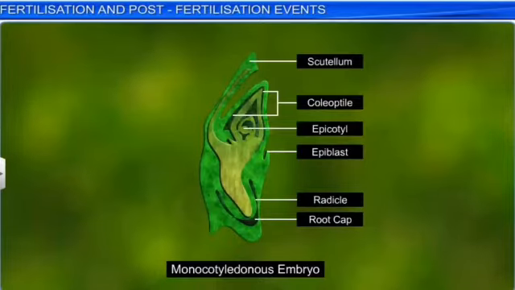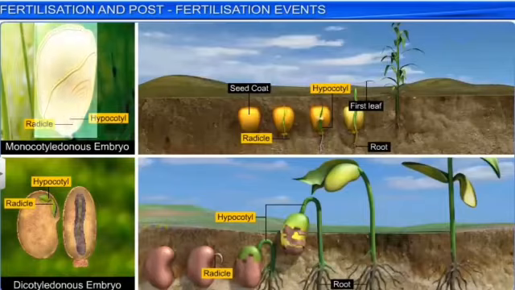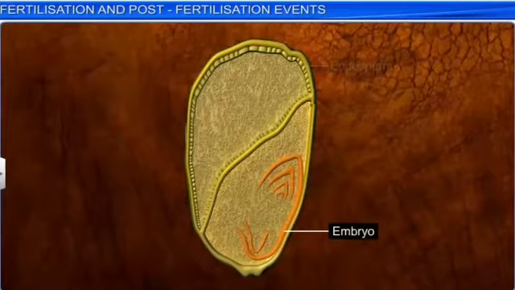So focusing on the seeds. Here we can easily observe how the seed development takes place and the radicle gives rise to the root system. Well, in the angiosperms, the seed is the final product of sexual reproduction.